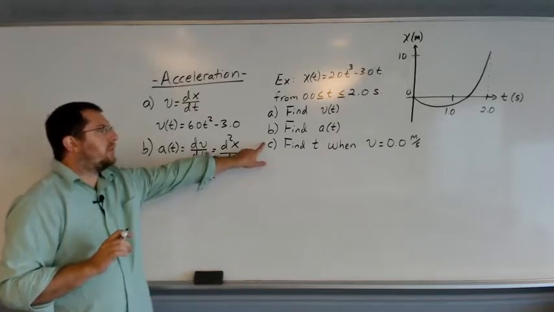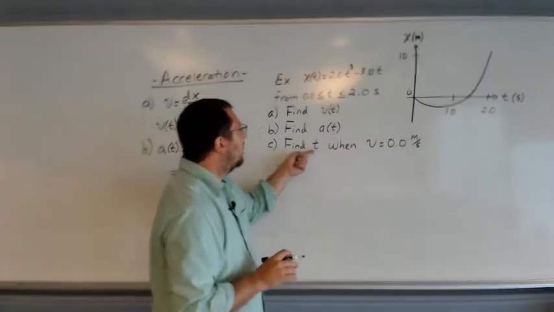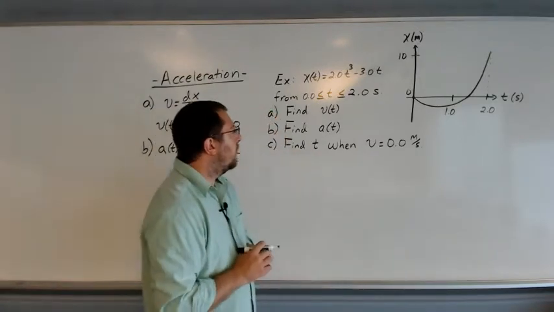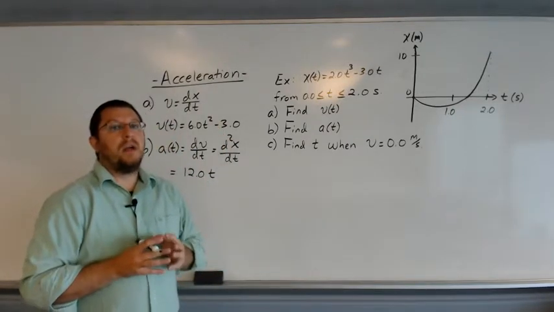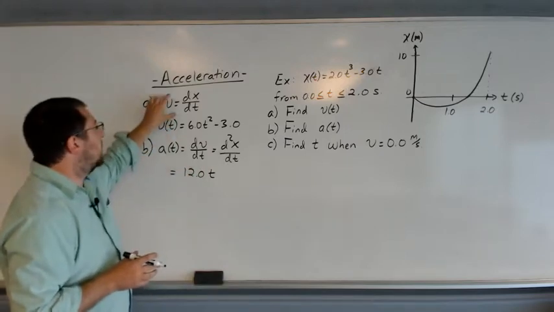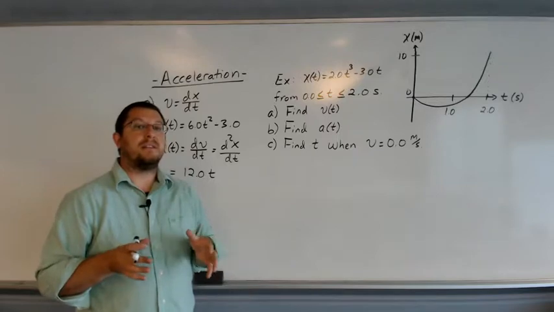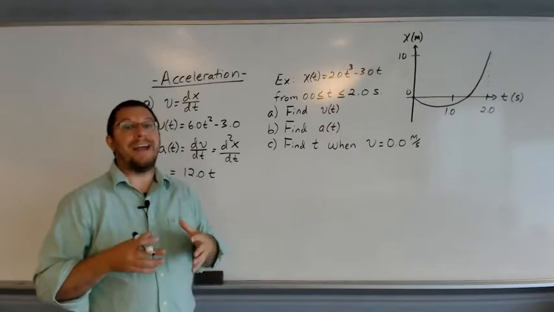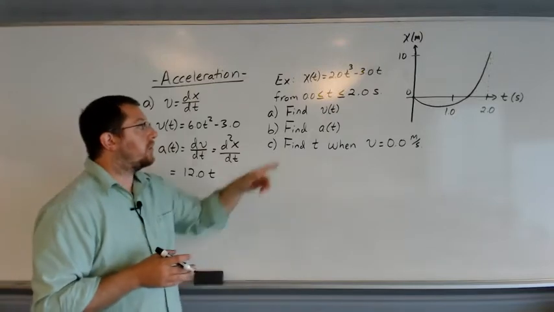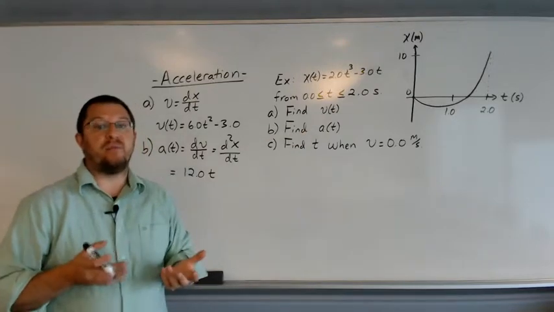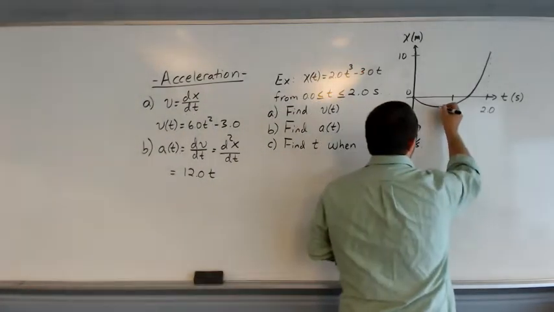But before we go there, let's look at C. Find the time value when v equals 0, when my velocity equals 0. Since my velocity is the derivative of my position versus time, that means that the velocity is going to be 0 at a local maximum or minimum. And it turns out that with our graph here, we only have one local minimum, and that occurs right here.